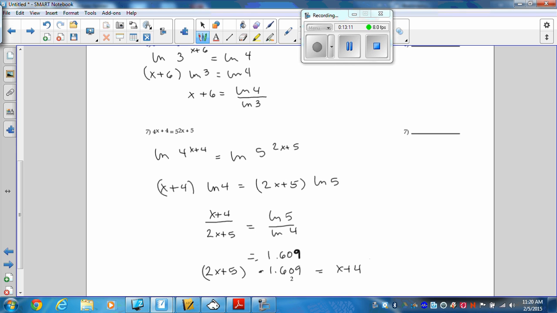So up to here now, I'm going to get 3.128x plus, let's go one more digit, plus 5 times 1.609 is 8.04. So this one's 8.04. And that's going to be equal to x plus 4.